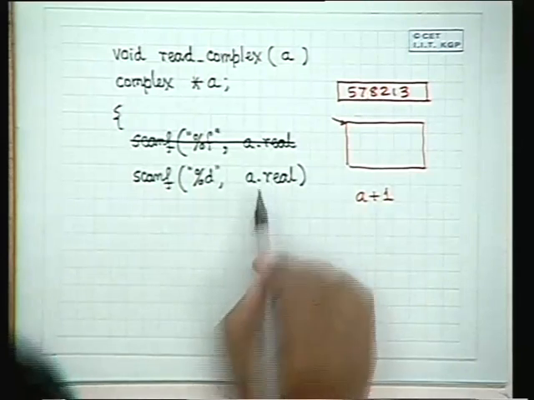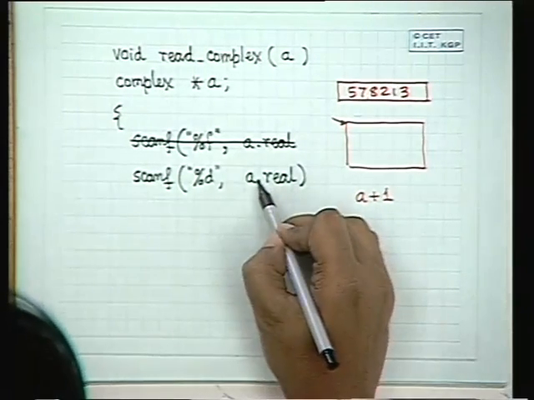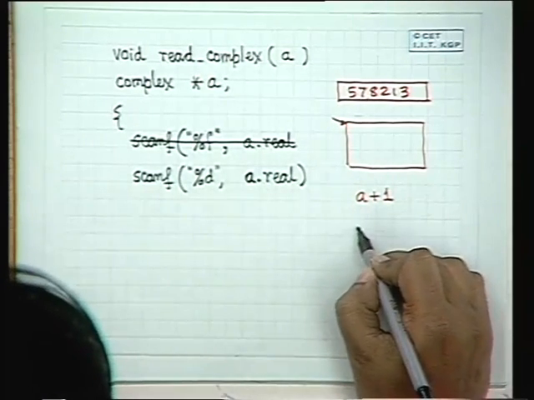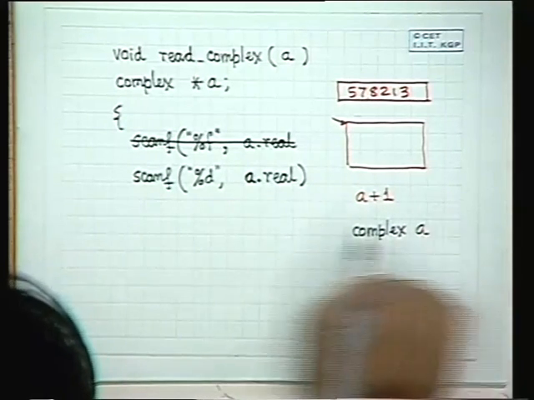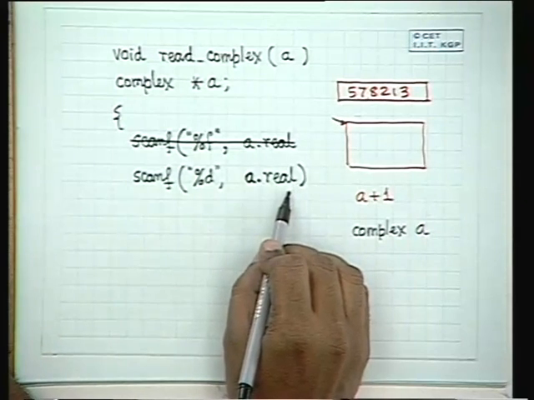But this will not work. A dot real works when A is of type complex. If A were type complex like this, then A dot real is to access this number.